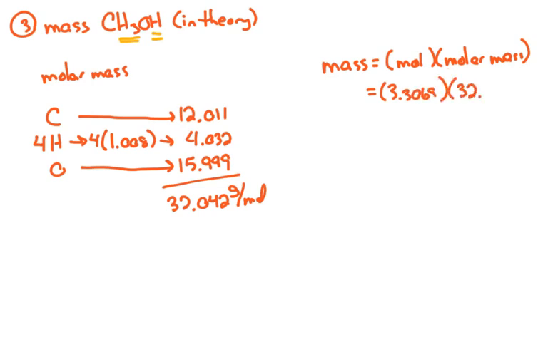The molar mass, 32.042 grams per mole. And this one would give us 106 grams of methanol. Again, this is in theory. This is not the actual amount that was produced. This is how much we should have.